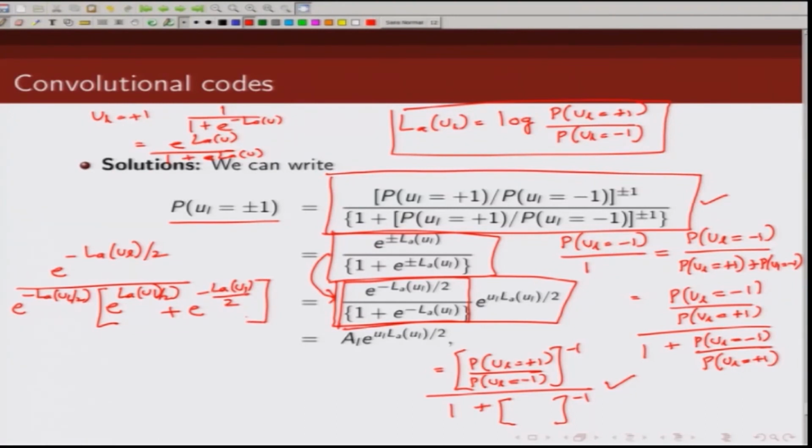So I am writing this particular term. I can write this as this and this, so this cancels out and this is e raised to power x plus e raised to power minus x. This will be cosh of x and that is a symmetric function, so it does not depend on the sign of u_l, whether u_l is +1 or -1. So I can then write this in terms of this expression.